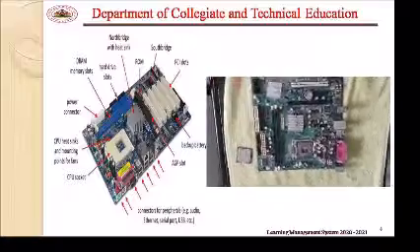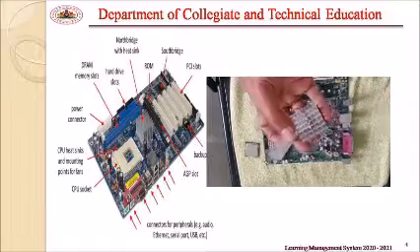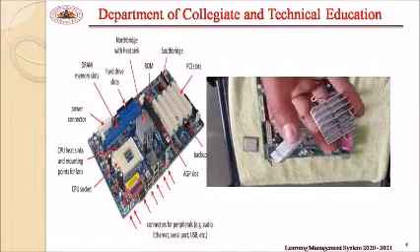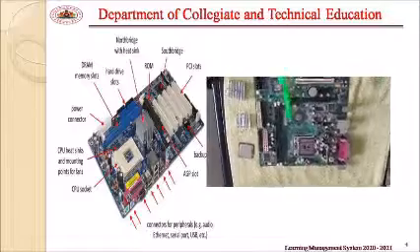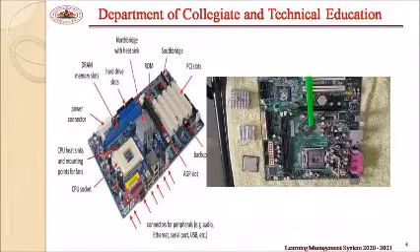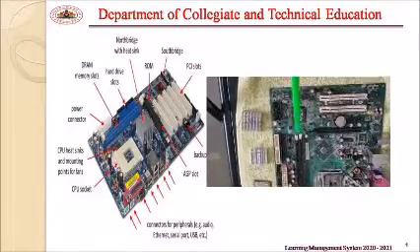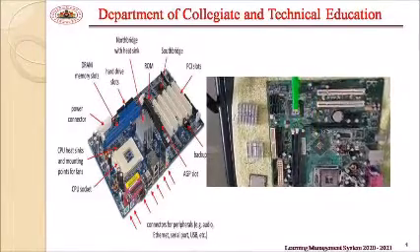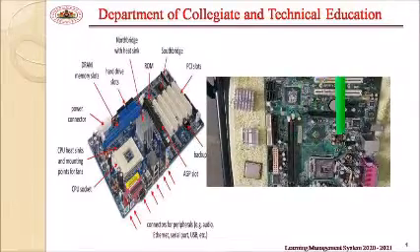And the next one is heat sink. These are the two different heat sinks available on this motherboard. Next, this is north bridge and this is south bridge. North bridge together with south bridge, we term it as chipset.